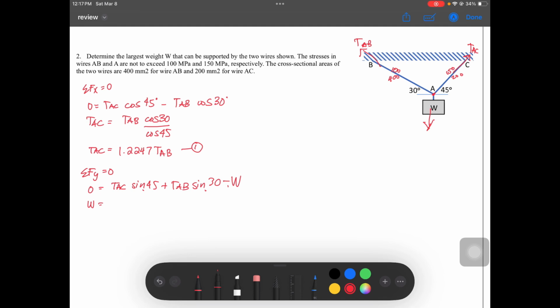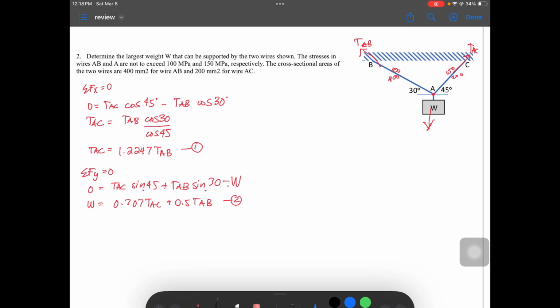So, sine 45 is 0.707 TAC plus ang sine 30 ay 0.5 TAB. So, let this be equation 2.